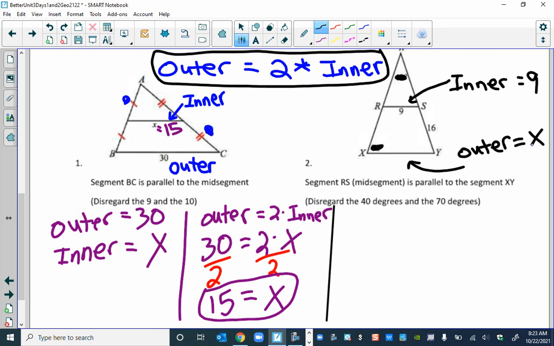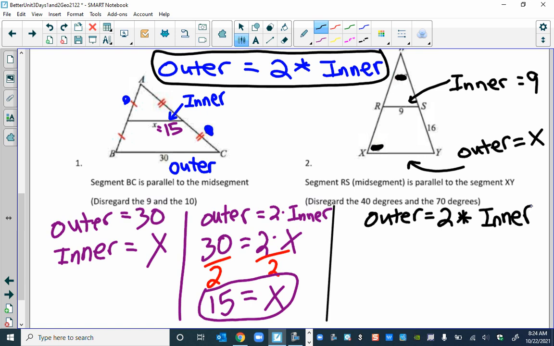So basically, set it up: outer equals 2 times the inner. Well, do we know what the outer value is yet?